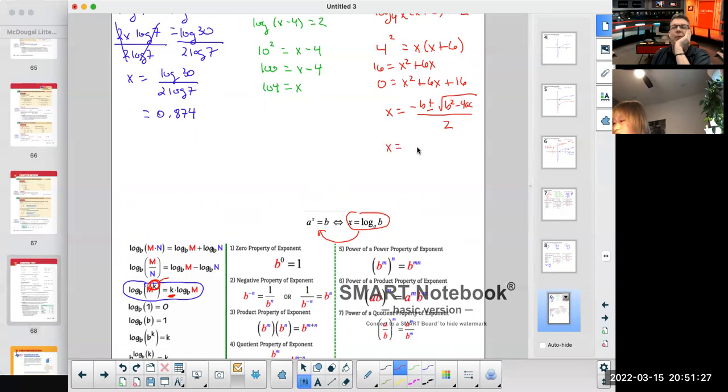So that's going to be negative 6 plus or minus the square root of b squared 36 minus 4 times 1 times 16 all over 2a, or 2 times 1.